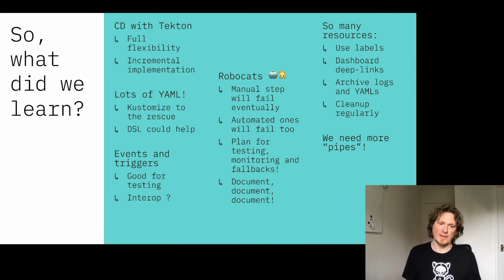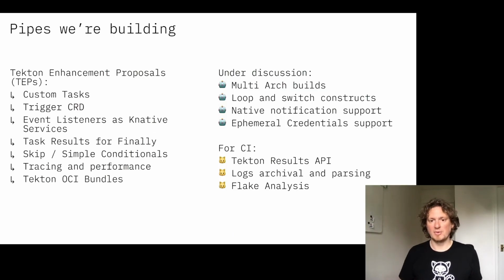And also we realized when building CD pipelines that we don't have everything that we need, so we need more functionality from Tekton's side, or more pipes, to be able to do everything that we want to do. For instance, we have use cases where we want to run the same pipeline for a number of different things, and there it would be good to have things like loop and switch constructs available, and we're working on that. We're working on providing things like multi-architecture builds, so we can run Tekton on different kinds of hardware.